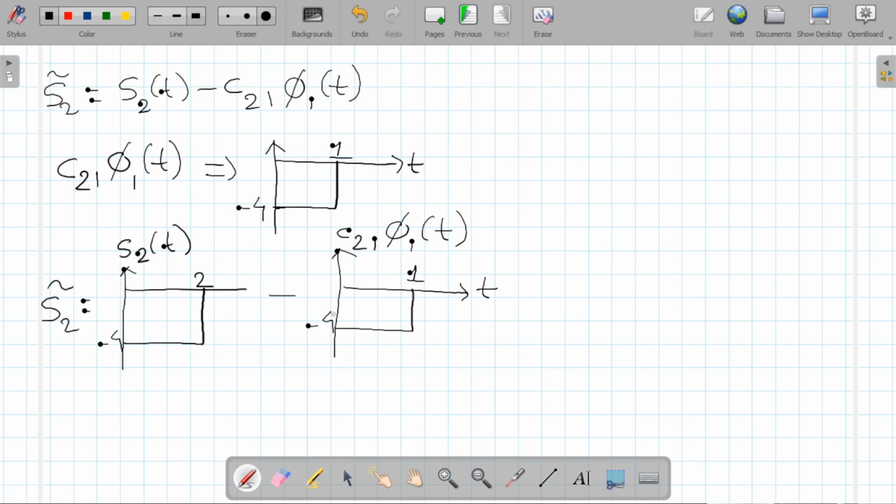If we subtract the minus 4 time difference, finally we get the value as S2 tilde equal to minus 4 from 1 to 2. And if I subtract this, this is what we are getting. So this is S2 tilde.